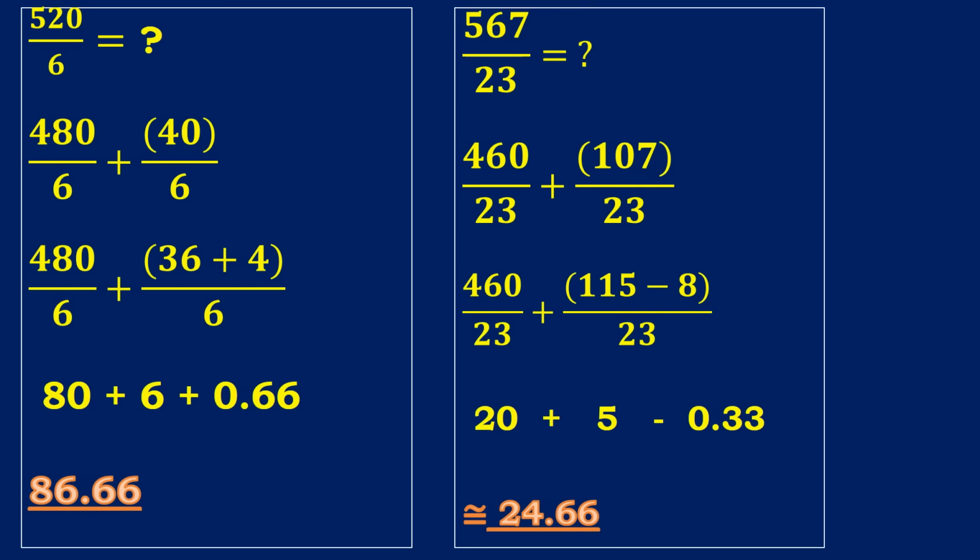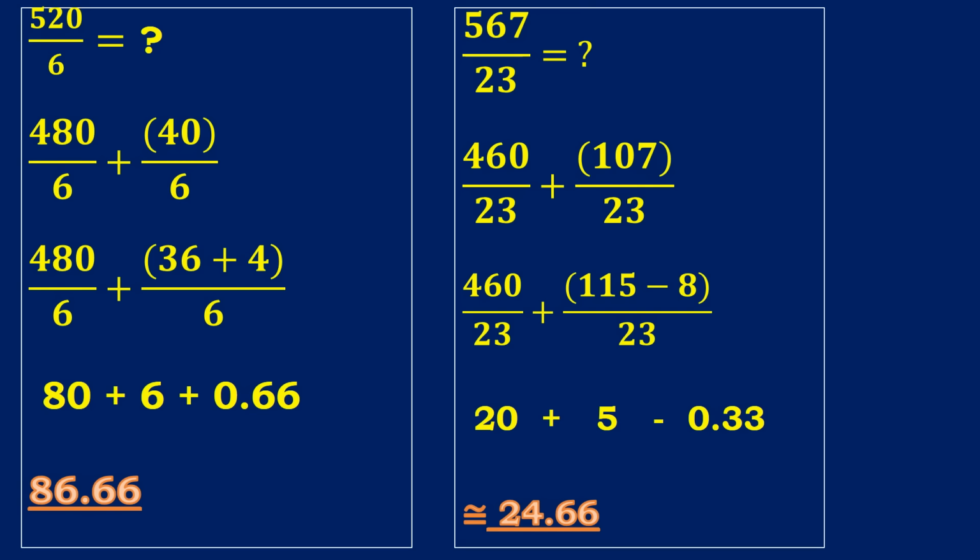Since 107 is not divisible by 23, we try to break it into two parts and can be taken as 115 minus 8. Because 115 is divisible by 23. So, this becomes 115 divided by 23 minus 8 divided by 23. We know that 115 by 23 is equal to 5, and the extra part that we have is a fraction, 8 by 23.